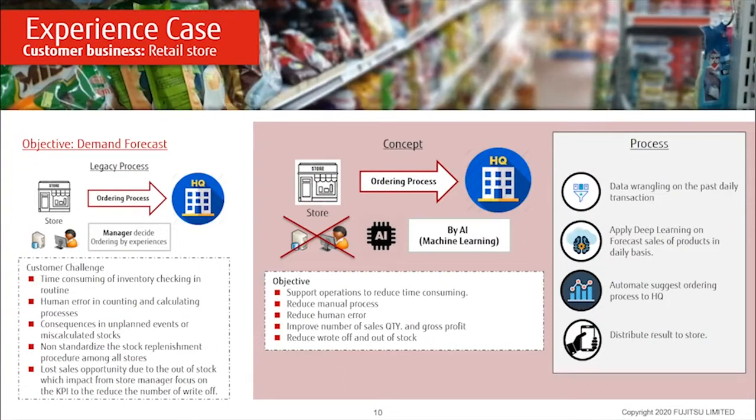Our solution provided deep learning algorithm for sales forecasting and optimization algorithm for optimizing stock inventory, including suggested ordering on a daily basis. The outcome from our services, we can help customers to reduce out of stock and product write-off.